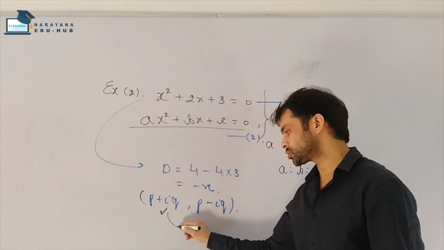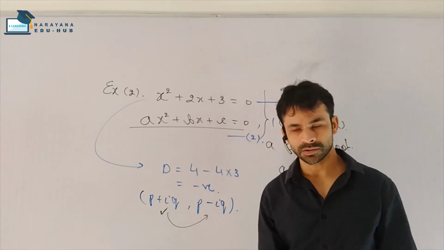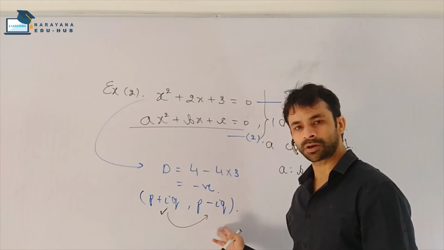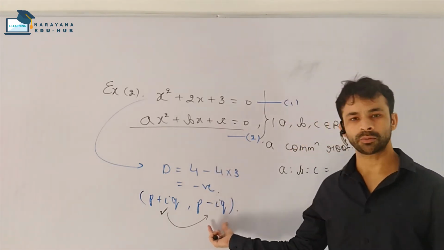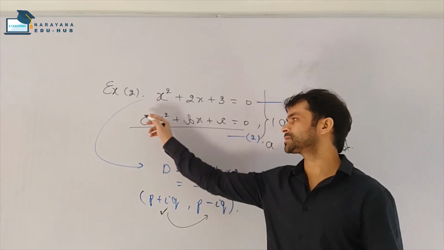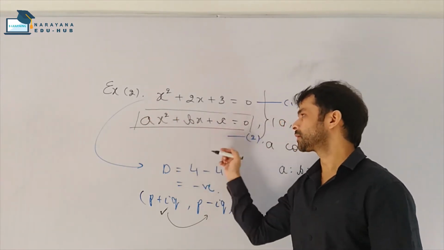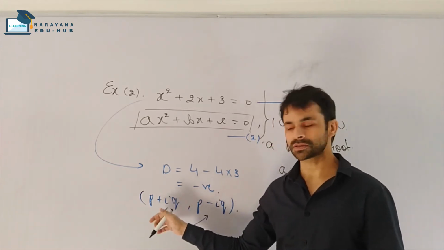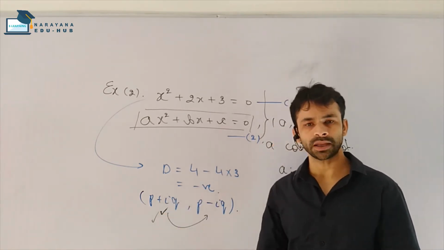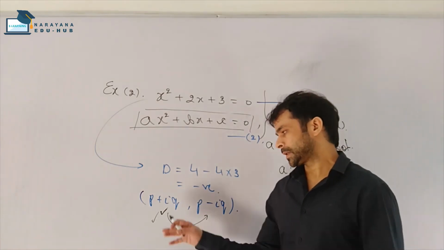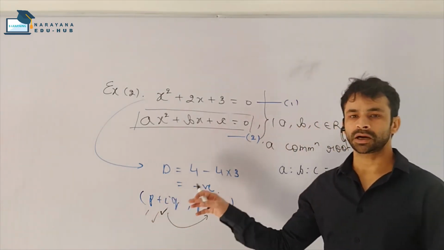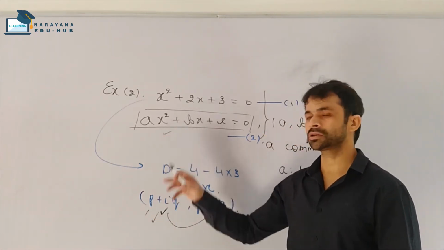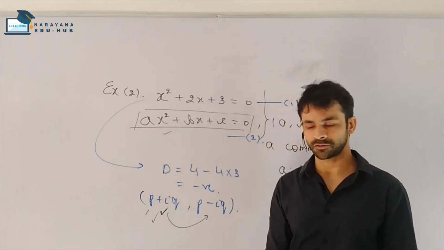Same way, if we take the other as the common root, then because this is a real equation, again the other root has to be its conjugate. Means if one root is imaginary, then the other root has to be its conjugate, because this is a real equation. We have discussed the nature of roots.